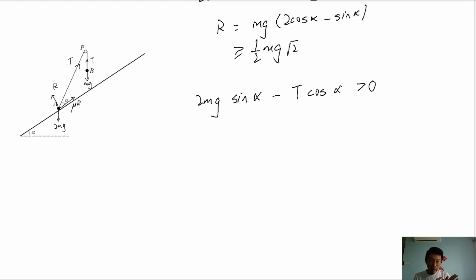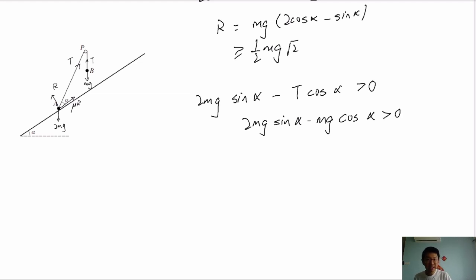This net force going down the slope is overcome by the friction going up, which is why we have this greater than 0 sign here. From earlier, we know T is mg. So we have 2 mg sine alpha minus mg cos alpha is greater than 0.